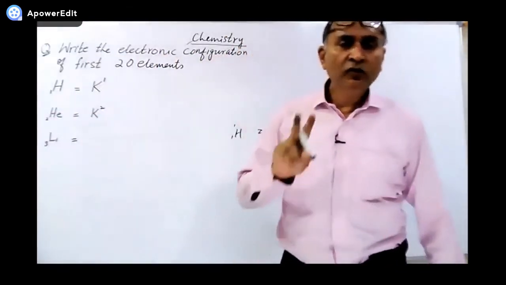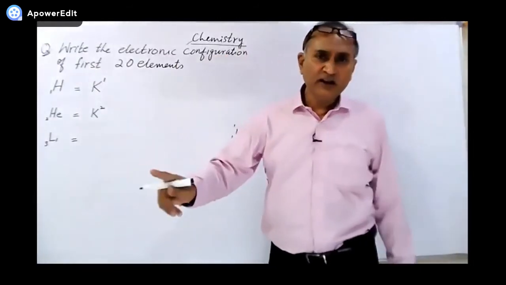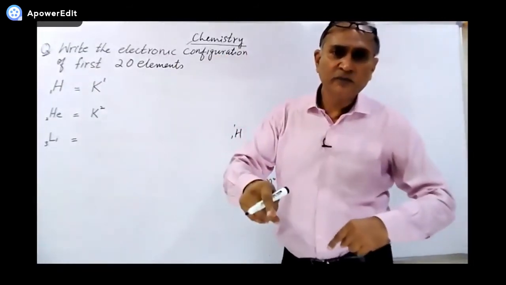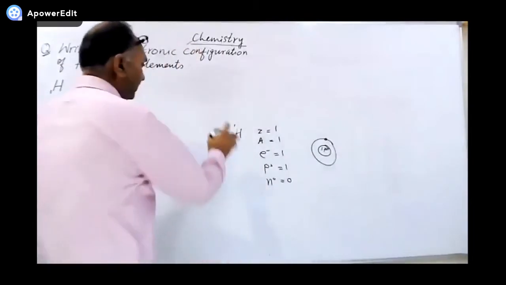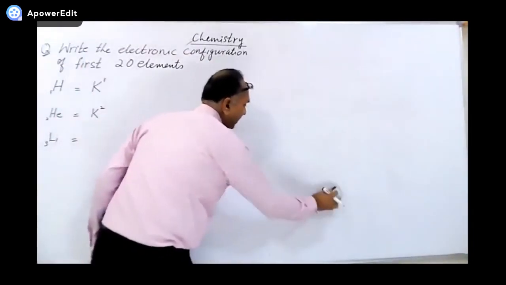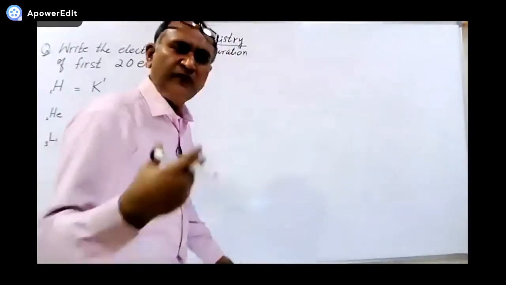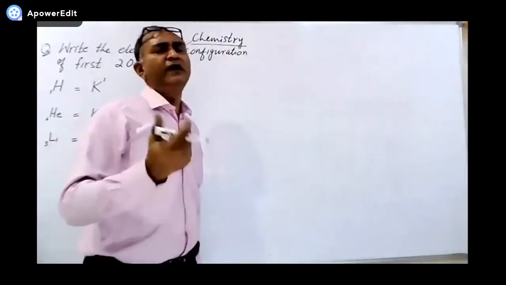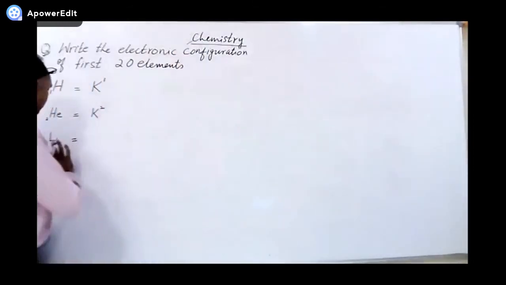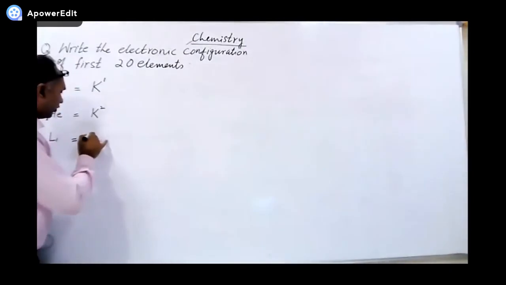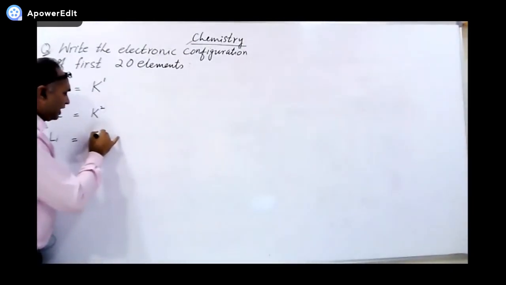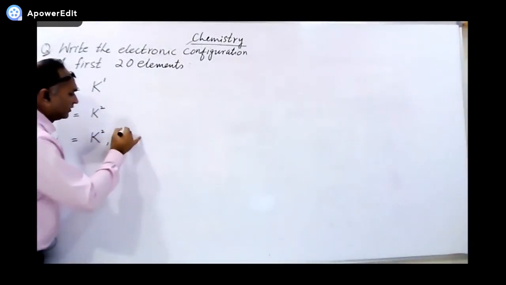Out of 3, 2 will go in the first shell, K shell, and 1 will go in the next shell. If you feel difficulty in it, just see it again and practice it. You will understand. So lithium has 3 electrons.